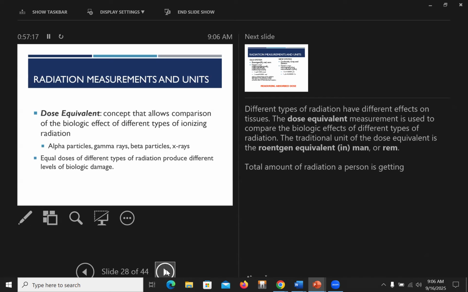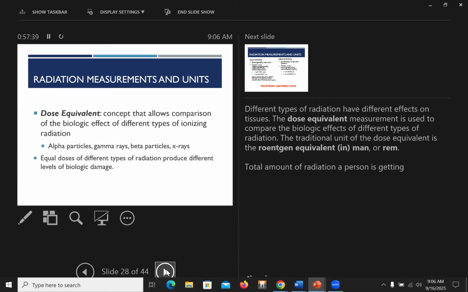They have all kinds of delightful mathematical equations and they think about it a whole bunch, and we just don't have to worry about all that. Equal doses of different types of radiation produce different levels of biological damage. So the general concept is there is a whole world of science and study on this, and they name them different things.